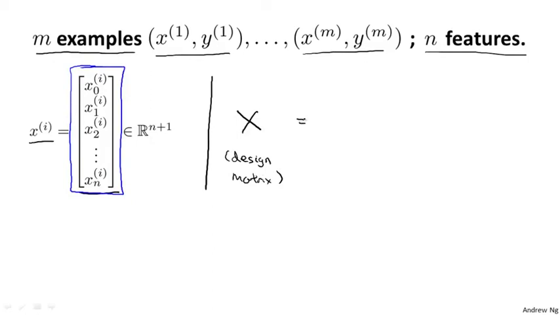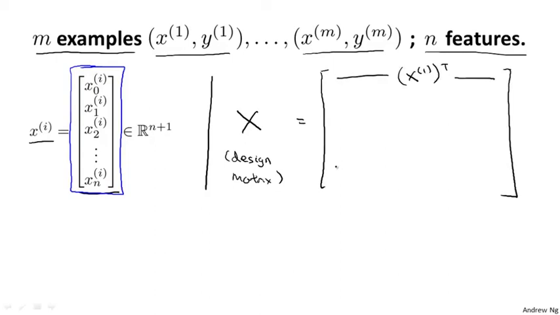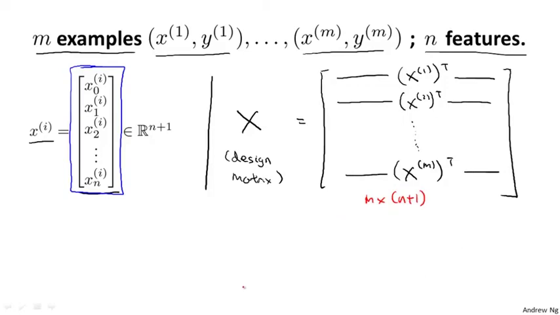The way I'm going to construct my design matrix X is I'm going to take the first training example, that's a vector, take its transpose, so it ends up being this long flat thing, and make x1 transpose the first row of my design matrix X. Then I'm going to take my second training example, x2, take the transpose of that, and put that as the second row of X, and so on, down until my last training example, take the transpose of that, and that's my last row of my matrix X. And so this makes my matrix X an m by n+1 dimensional matrix.